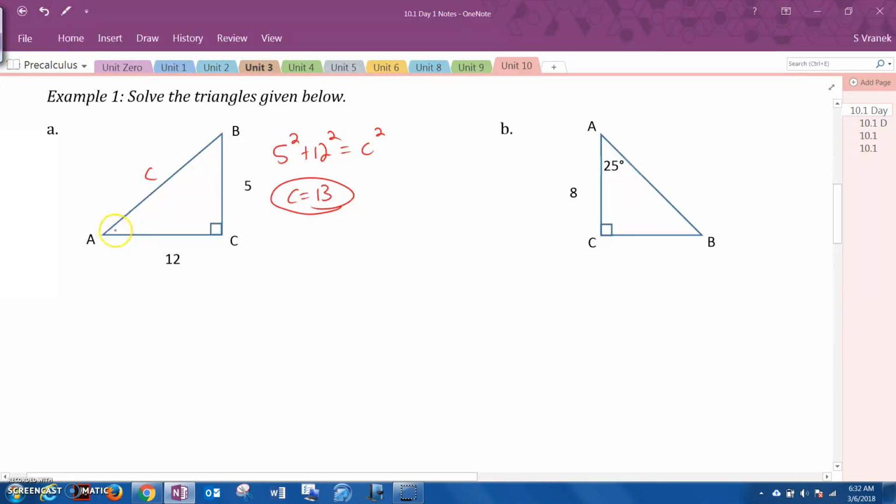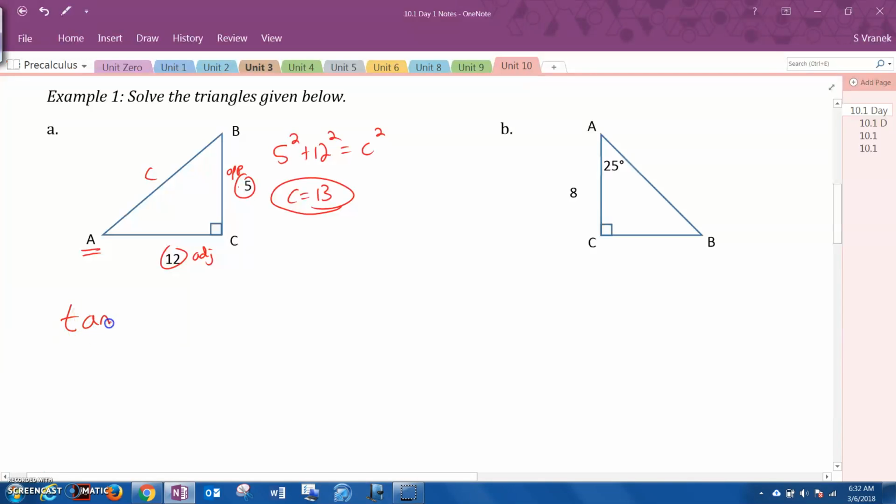Now I need to find angle A and angle B. Here's where we have to use trigonometry. I'm going to use the values that are given to me. So I have this 5 and this 12 and this angle A. From angle A, 5 is the opposite side and 12 is the adjacent. So I have a tangent situation happening here. I'm going to set it up based on the trig function definition.